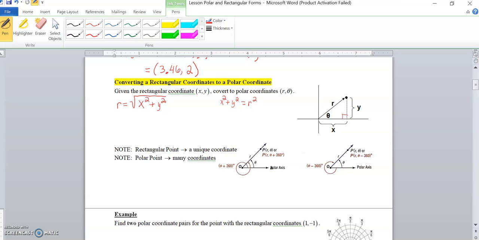And if we are looking for theta, we can also use this right triangle trig and say that tangent of theta is equal to y over x. And therefore, if we're looking for theta, we would say theta is equal to tangent inverse of that ratio, y over x.